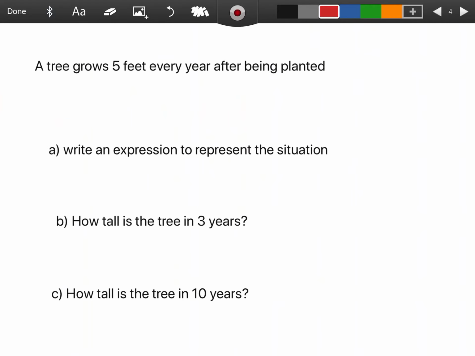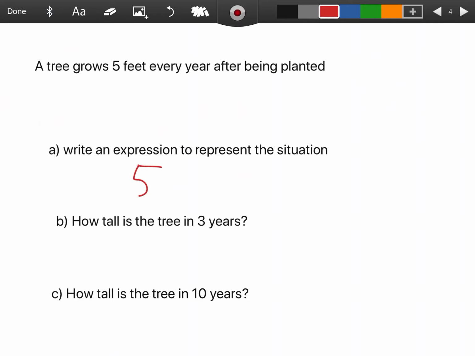Okay, so let's move on to an example here. A tree grows 5 feet every year after being planted. Let's write an expression to represent the height of the tree. It grows 5 feet after every year, so that's just going to be 5 feet times the number of years.